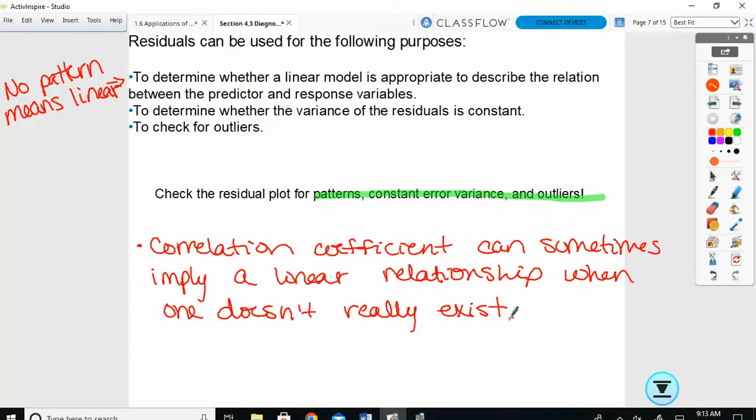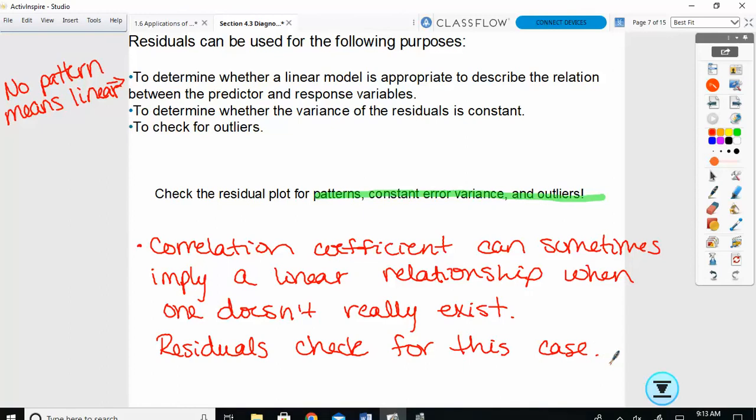So if we only look at that R, sometimes R is going to tell us it's linear, but it's actually not. The residuals check for this case. So it's dangerous to only rely on that R. Residuals is another thing we can look at just to make sure it is in fact linear. Especially when your R is very, very close to the critical value. Sometimes it's a little iffy. So residuals can be another thing that we look at to verify that it is linear data.